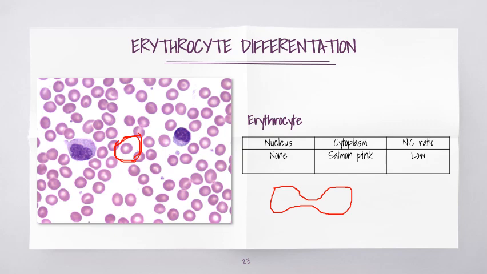So the stain is more prominent in the periphery because the periphery is much thicker than the central portion. That explains why it has a lighter center and a darker periphery.